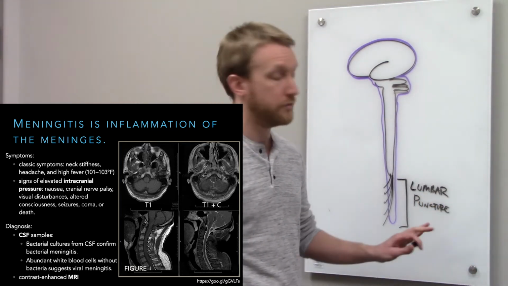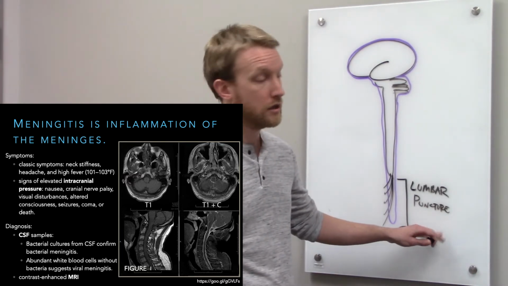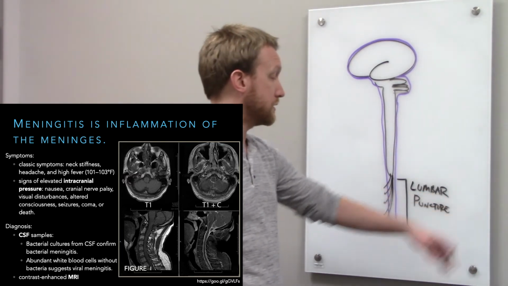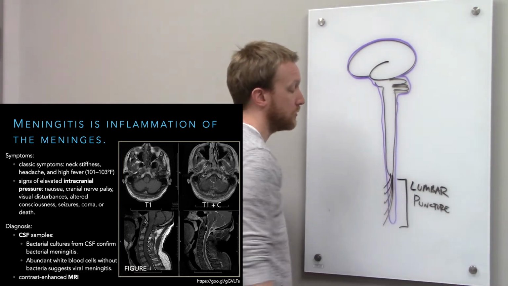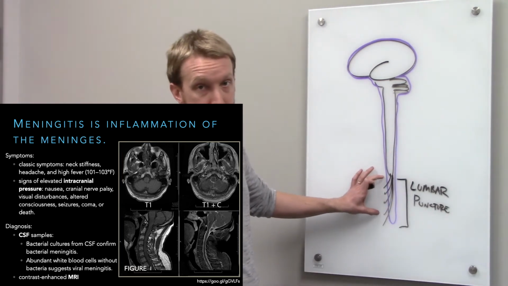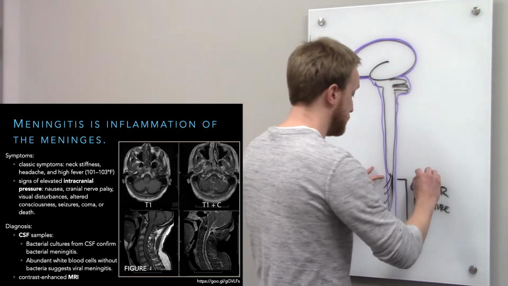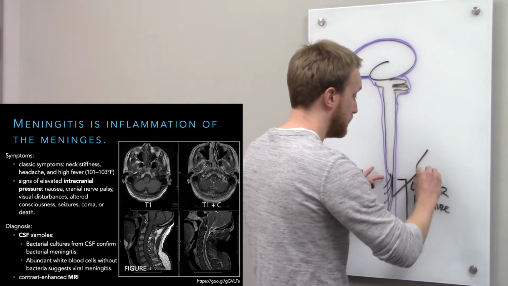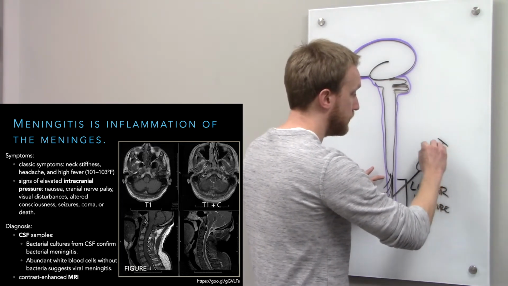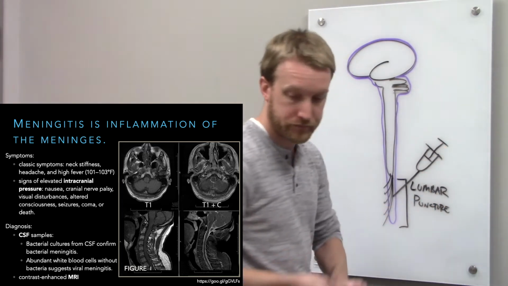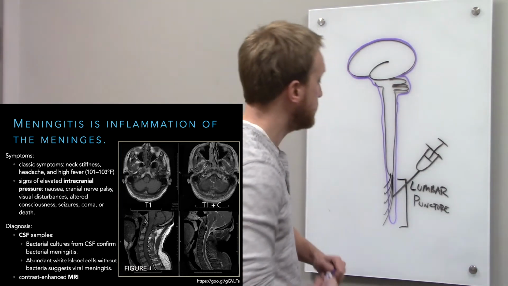If we do, best not to do a lumbar puncture. CSF is going to spray out. But down in this area where we don't have spinal cord, we also have very poor innervation of the dura. We can jab a needle in there, pull out some CSF, and get it tested.